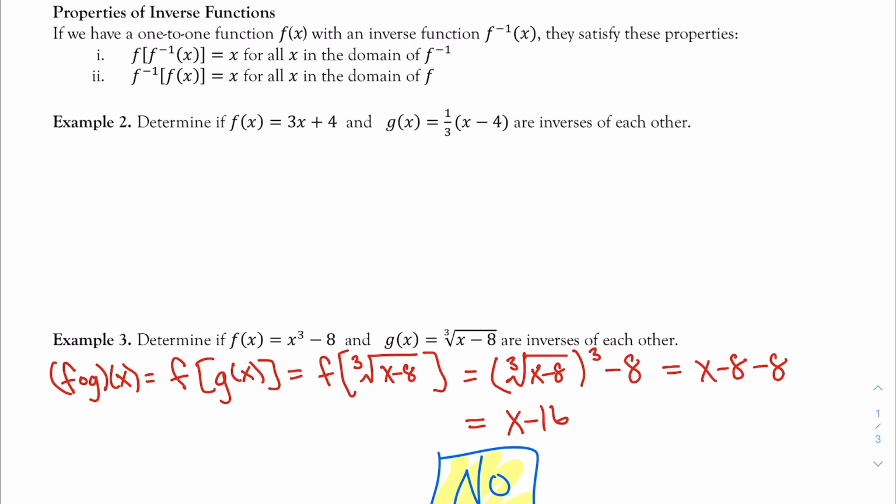For example 2, I want you to say, if I have the function f of x equals 3x plus 4, and g of x is 1/3 times x minus 4, can you tell me if these are inverses of each other or not? Well, I know that two functions are inverses of each other if and only if, whenever I do their composition, I get x. So let's go ahead and do f of g of x. If these are inverses, I should end up with a plain x.